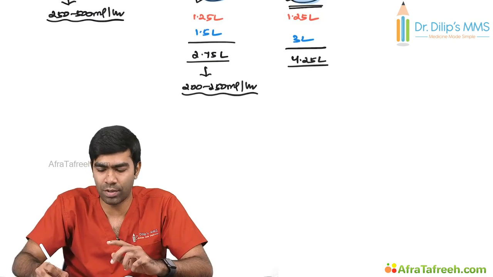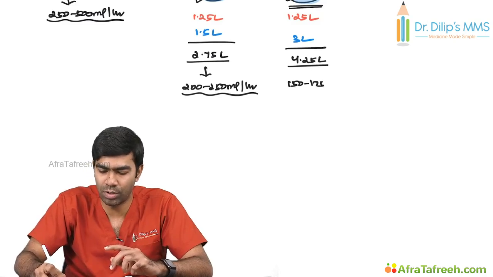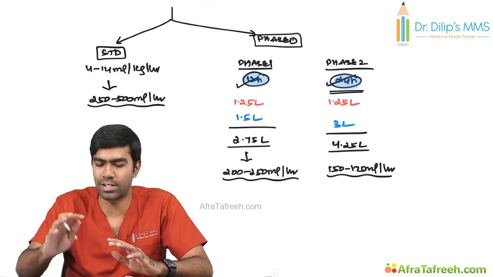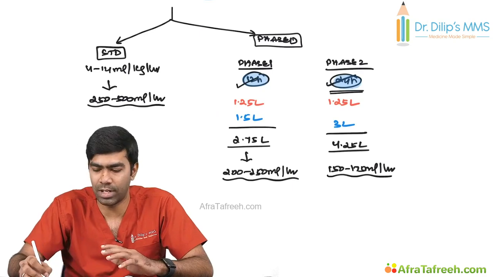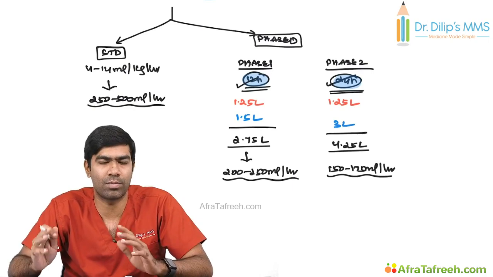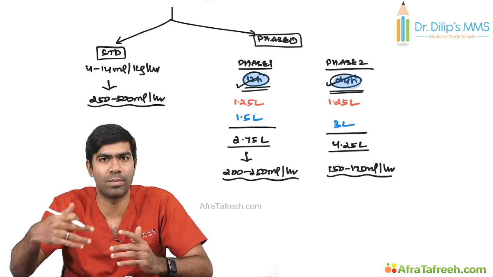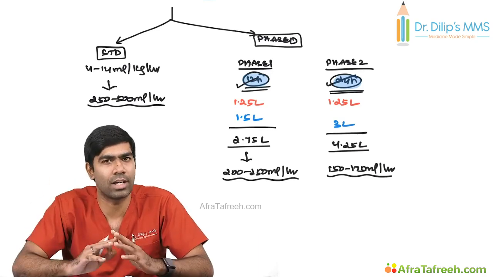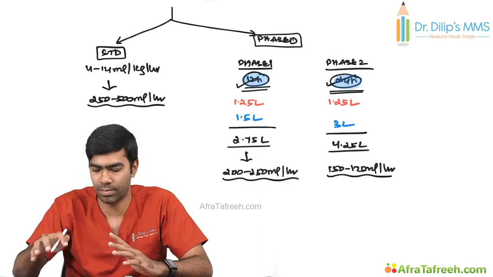So I divide by 24, and I'll be roughly getting around 150 to 175 ml per hour. So this is the best maintenance regime. In a phased manner, phase 1 and phase 2, I'll be distributing the entire fluid replacement along with maintenance fluid over a period of 24 to 36 hours. By that time the DKA would also have been resolved, so there is no longer a need for any maintenance fluid, and the patient can start taking orally. So it's a very excellent regime.